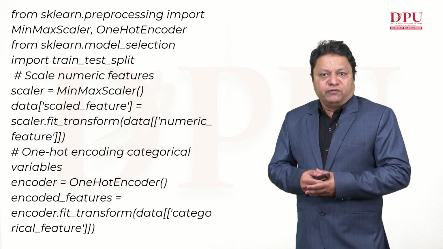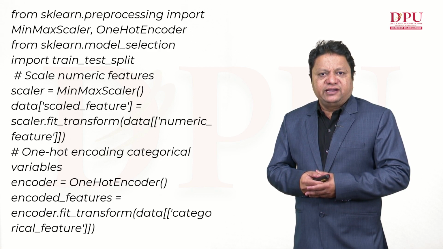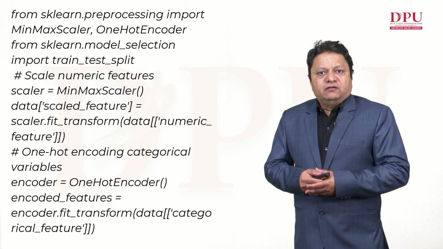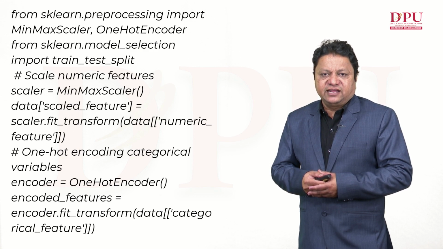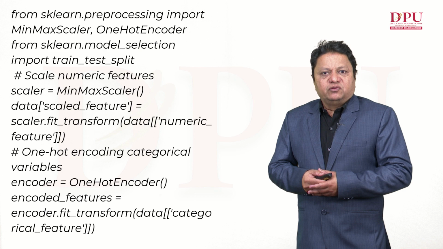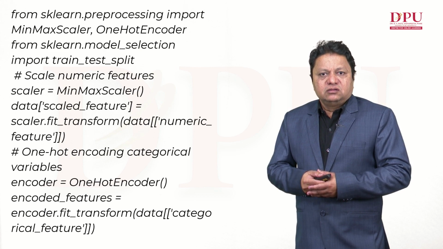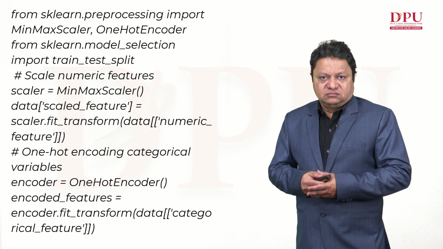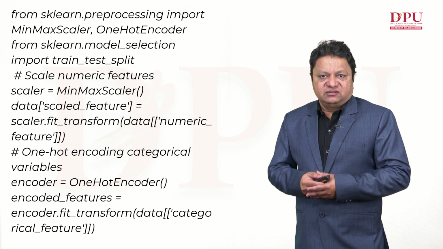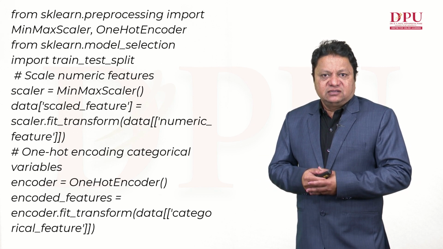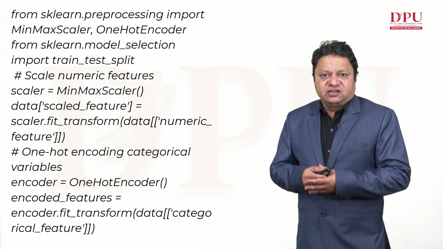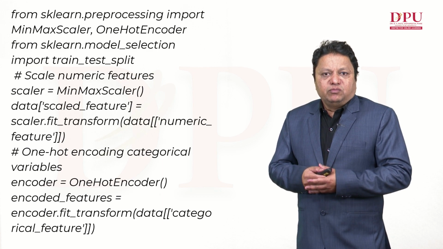After that, I want to split the data into training and testing. When we are building a model, we have to split our data set into a training set and a testing set. We train our model on the training data, and once the model has been trained, we provide the testing data to the model and check the accuracy of how the model predicts.